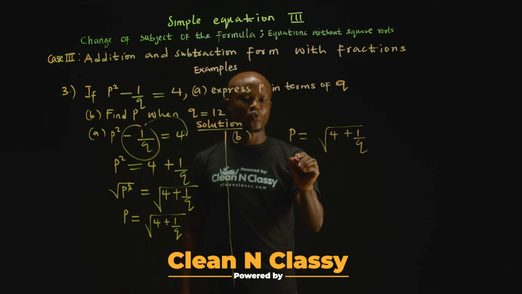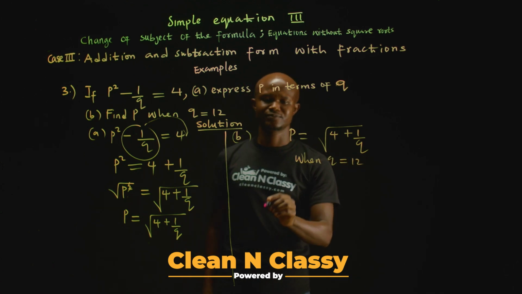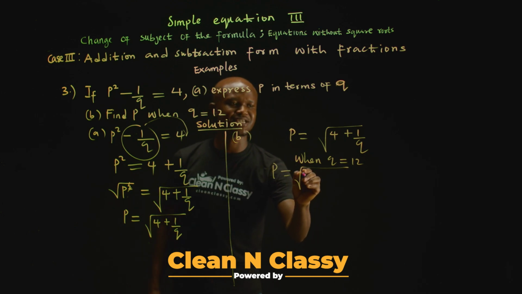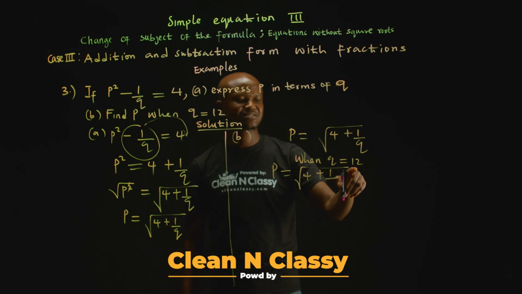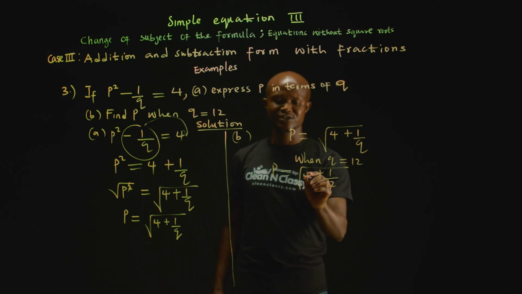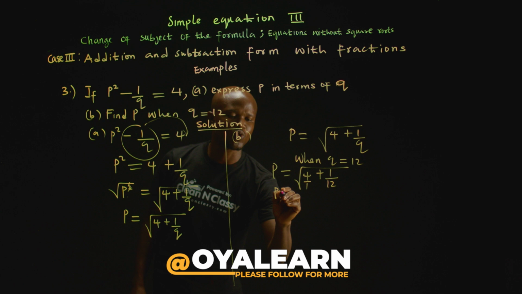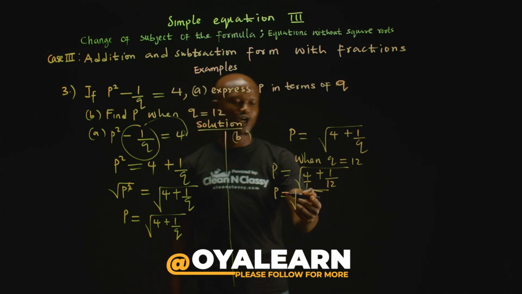So when Q equals 12, P will be equal to what? Anywhere we see Q, we replace it with 12. So we have 12 here. So this is like 4 divided by 1. Now, P will be equal to the square root of, now what do we have here?